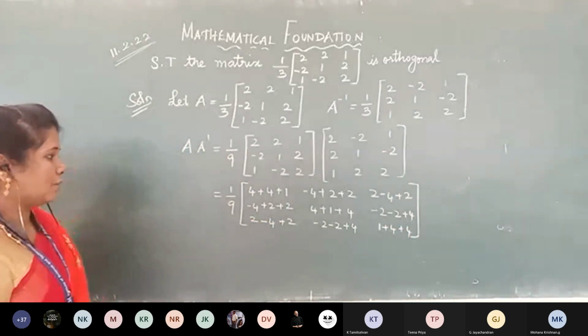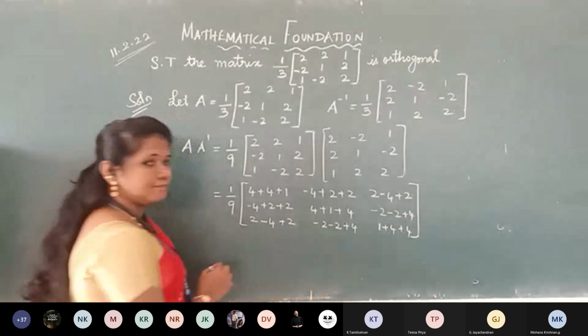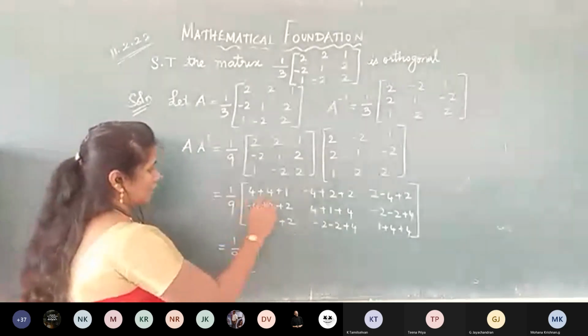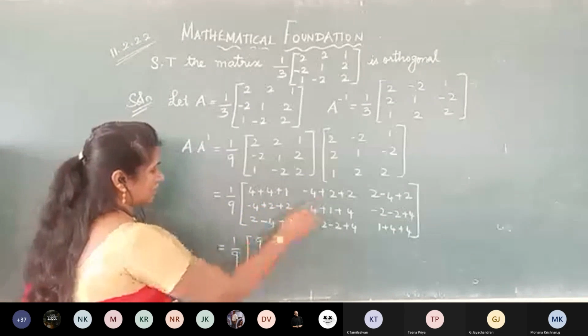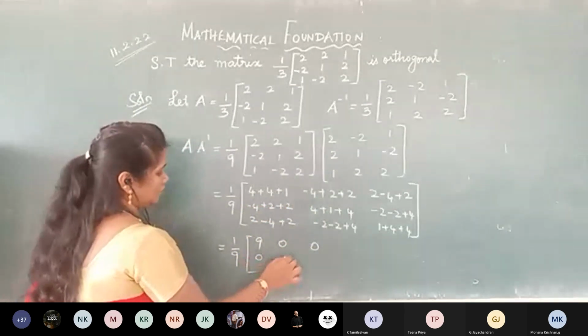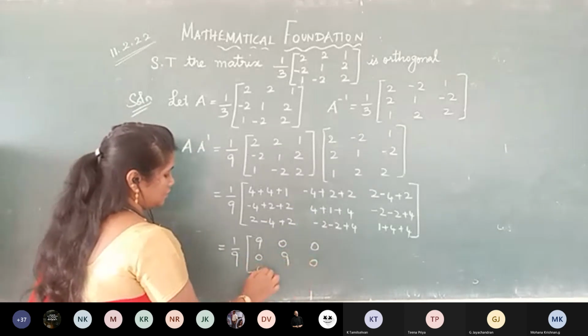So when you multiply, what do you get? You'll be having 1 by 9. When you add, you have 9. Here it becomes 0, 0, 0, 9, 0, 0.